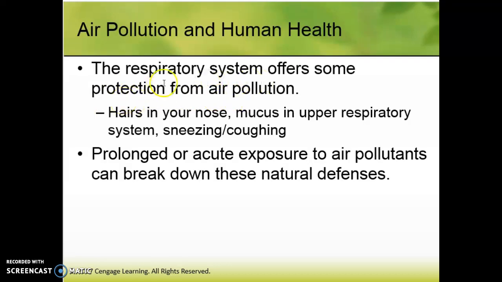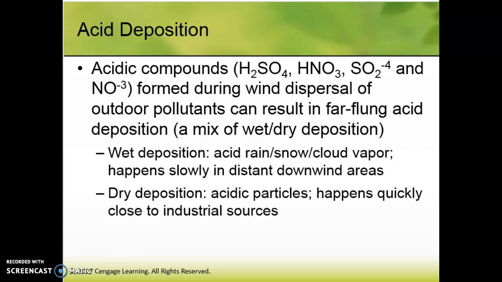The respiratory system is going to offer some protection from air pollution. You've got all the air filtration systems that you have, but long exposure, or sometimes even acute exposure, like small scale intense exposure, can lead to breakdowns of those defenses. So acid deposition is what I often call acid rain, but it's wider than that.